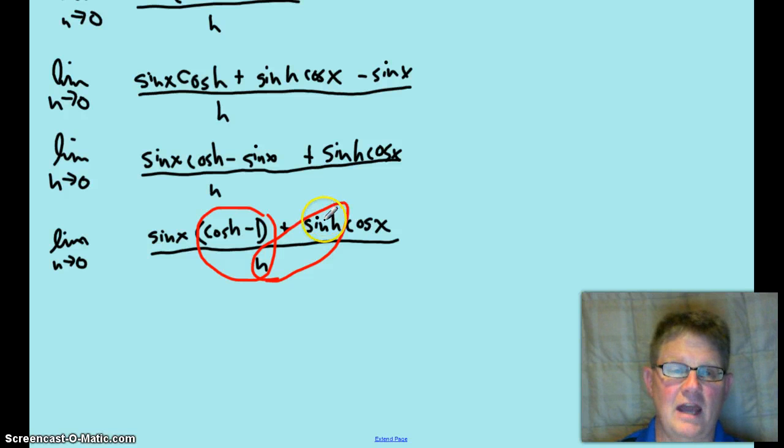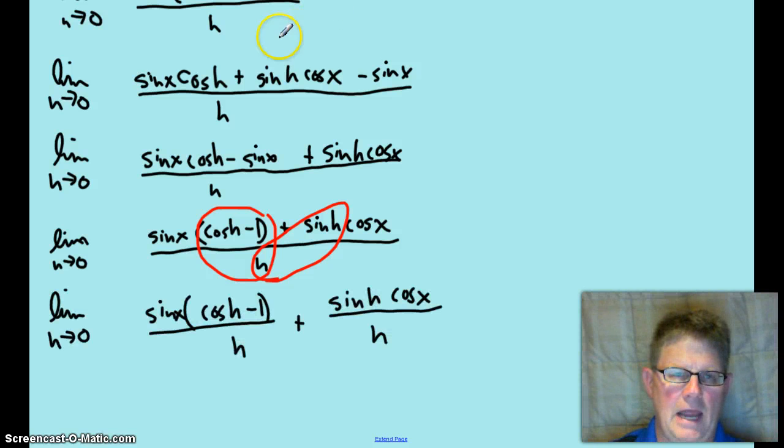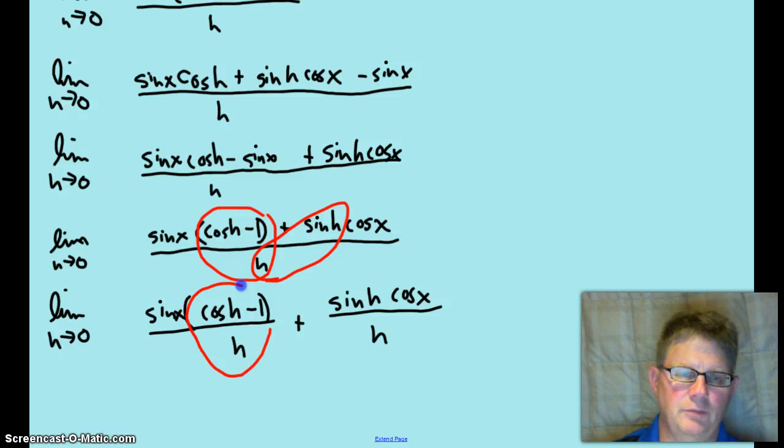Well, now we're going to write that as the sum of two fractions. Both those fractions will have an h in the denominator, and I'll let you try that. Alright, and as we do that, we should now be able to take the limits of these. And what is the cosine of h minus 1 all over h when we take the limit as h approaches 0?